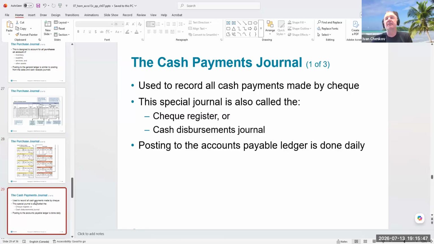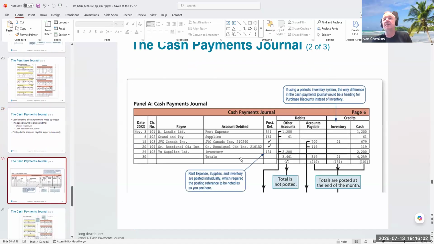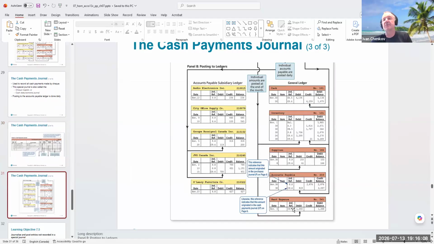Then I'm going to start paying those accounts payable by issuing checks. Once I issue the check, that check is going to update the cash check register and the cash disbursement journal. All those payments that we're making to different vendors are going to update the accounts payable.